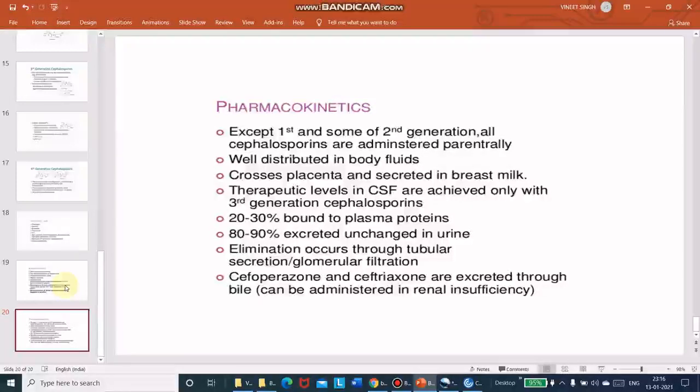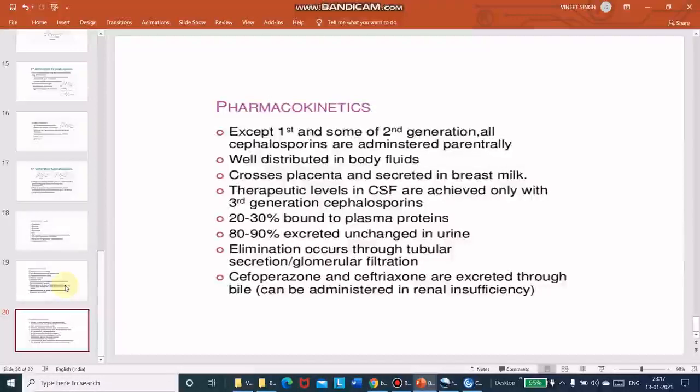अब से pharmacokinetic क्या होता है? Except first and some of second generation, all cephalosporins are administered parenterally, well distributed in body fluid, cross placenta and secreted in breast milk.